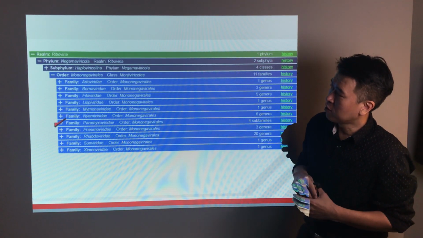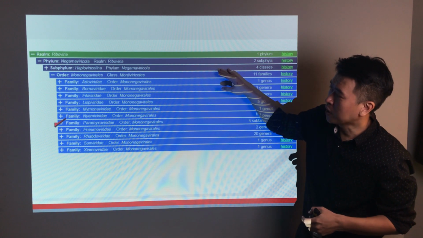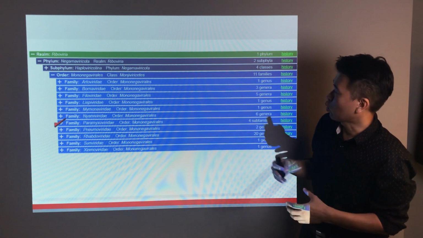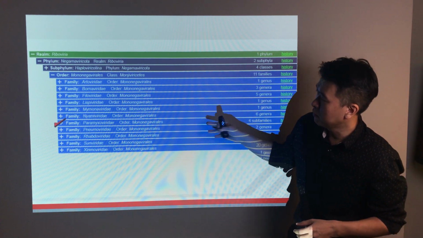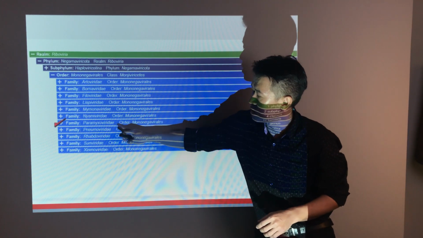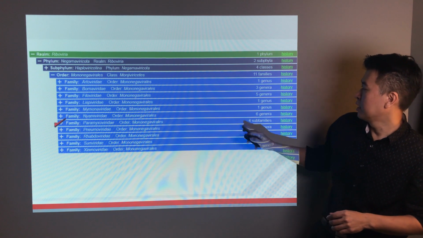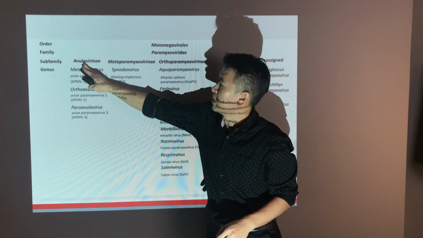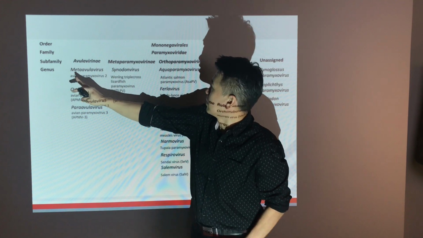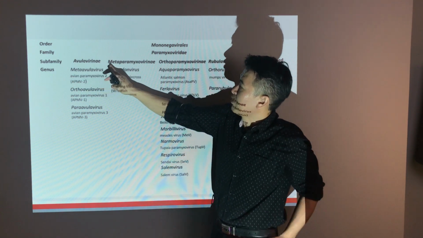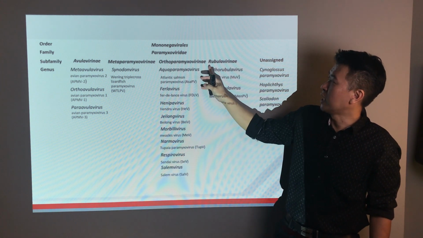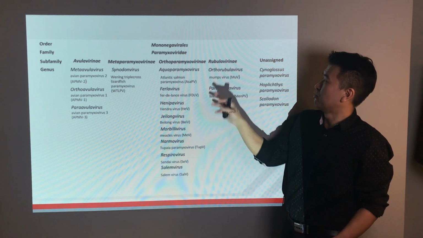So under the Paramyxoviridae, what we can see here, this is the figure that I took from ICTV again. So here we can see that Paramyxoviridae has 4 subfamily, and these are the subfamily that we can see under this family: the Avulavirinae, Metaparamyxovirinae, Orthoparamyxovirinae, and Rubulavirinae.